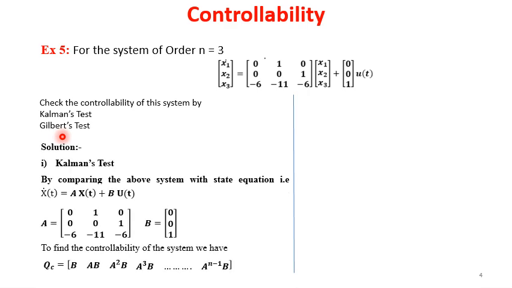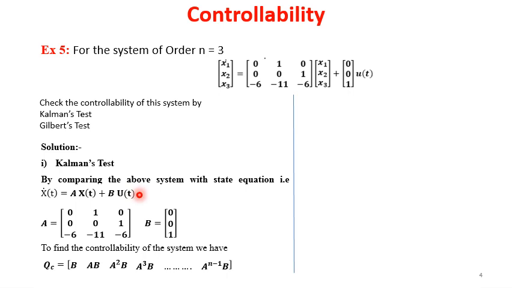So solution, as we know, first we need to find out the Kalman test. For Kalman's test, we are going to compare the above system with the state equation that we know already, X dot of t is equal to A x of t plus B u of t form.